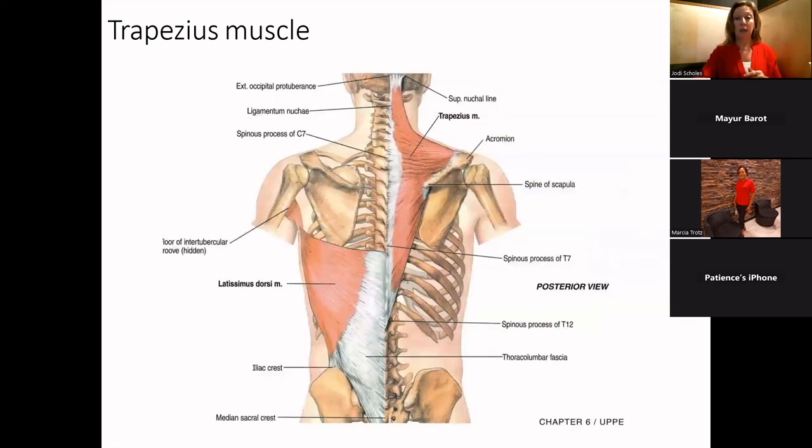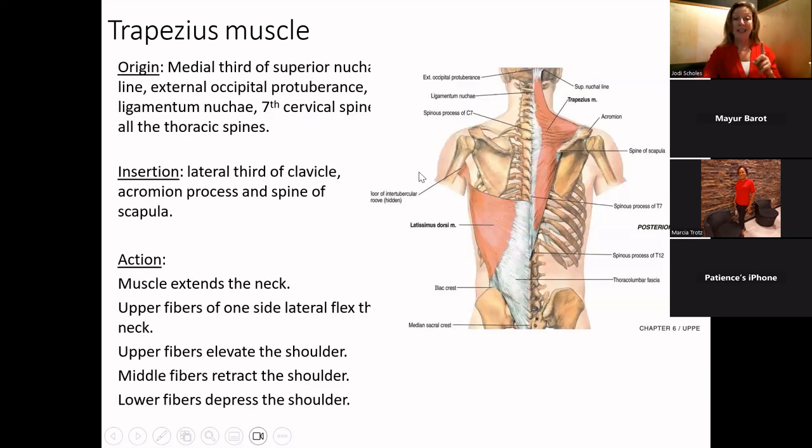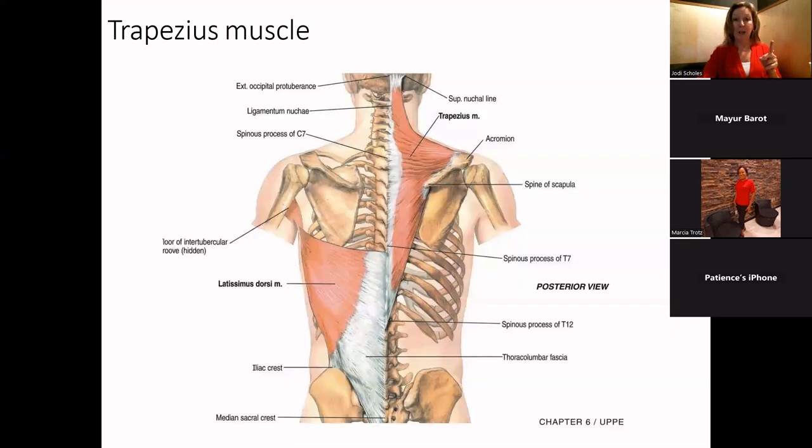We'll take another look at this a little closer. Here's that yummy trapezius that we all love to work. And this is just half of it. I do want to point out, though, that one of the insertion points is on the spine of the scapula.